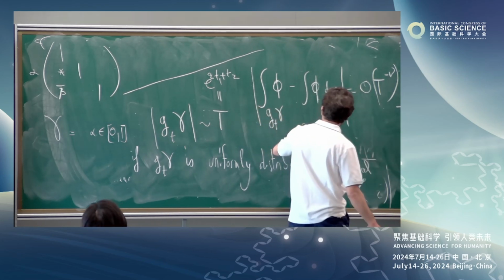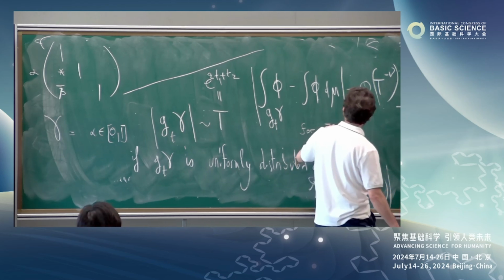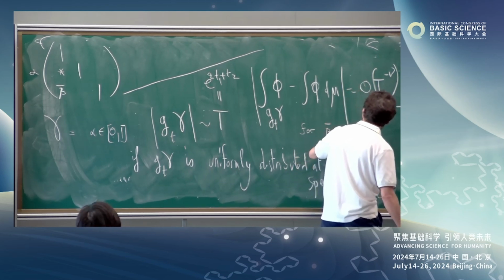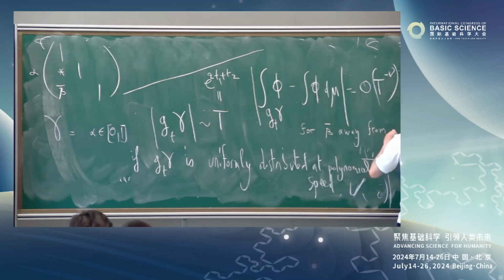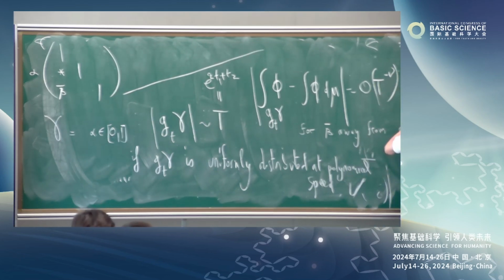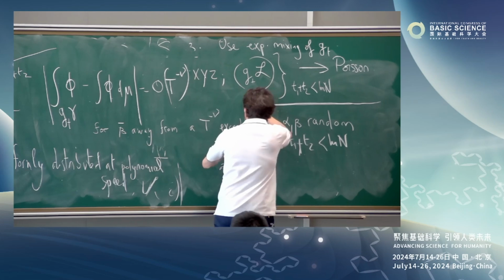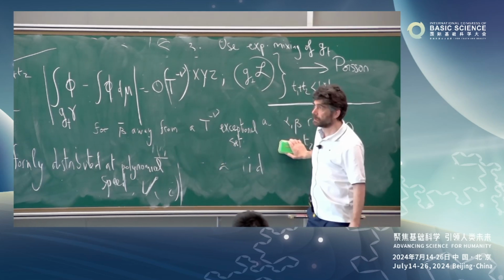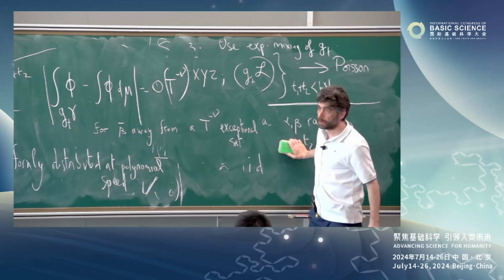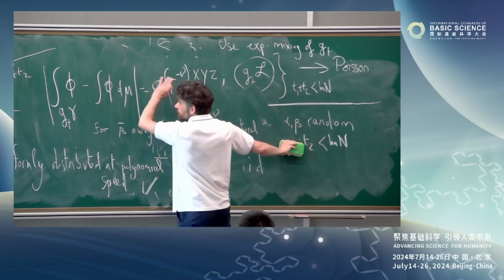What we managed to show in our work is that this holds for, say, beta bar away from a T minus nu exceptional set, which for our purpose of independence is exactly equivalent. We don't need more than this. I mean, I said we need this. Yeah, we need this.